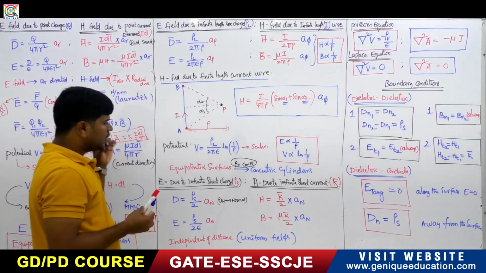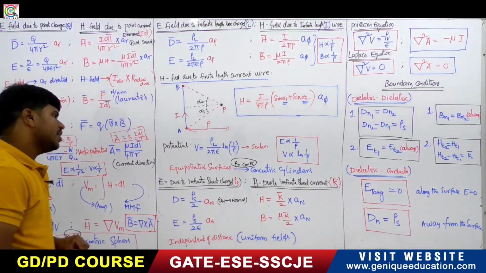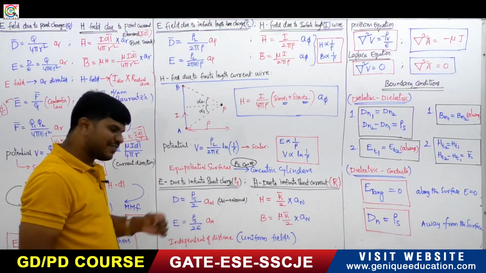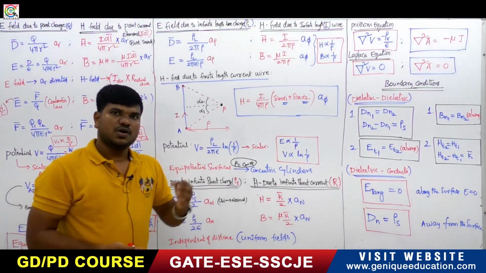Now come to the electric field intensity due to the infinite sheet charge. For an infinite sheet charge, D is equal to rho s divided by 2 times an, where an is the normal component from the sheet. Okay, normal component.